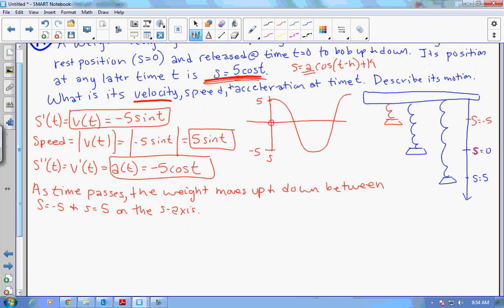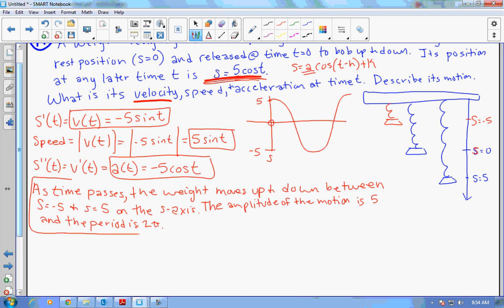Period is when it completes one cycle. Pi. Well, not pi, actually. 2 pi. The amplitude of the motion is 5, and the period is 2 pi. Cool.